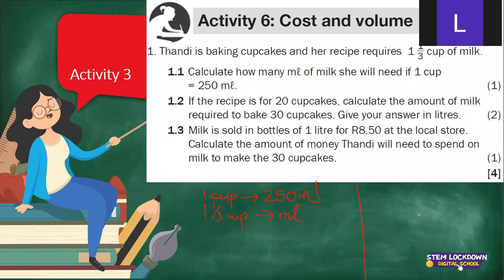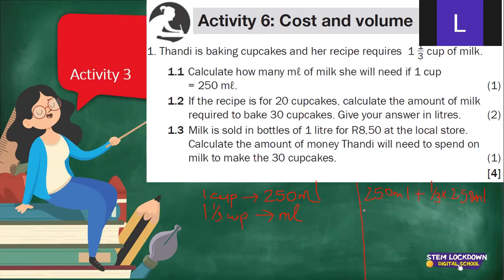So 1⅓ cup: basically 1 cup is 250 mils, plus 1/3 of 250 mils.